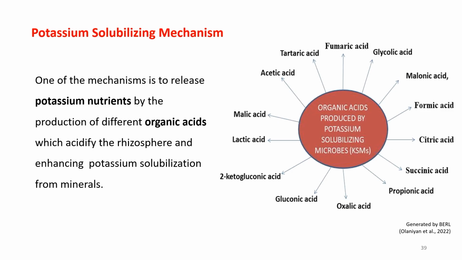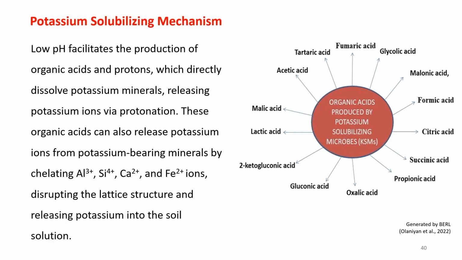These organisms we can call potassium solubilizing microbes or KSMs. The various acids may be oxalic, gluconic, 2-ketogluconic acid. Some produce lactic, others produce malic, acetic, tartaric, fumaric, glycolic, malonic, formic, citric, succinic, and propionic acids.